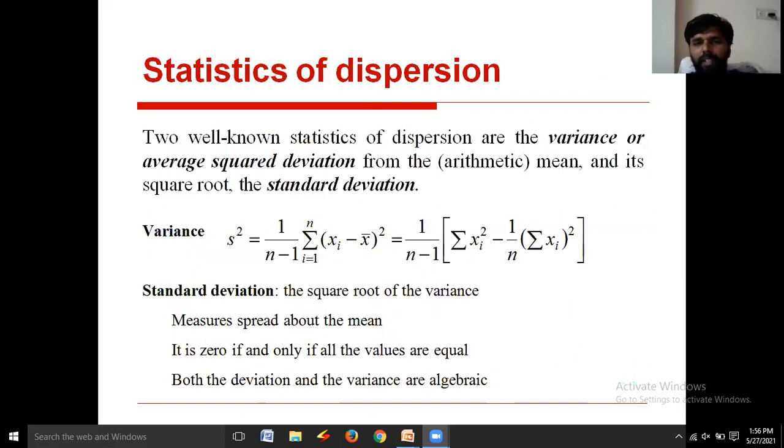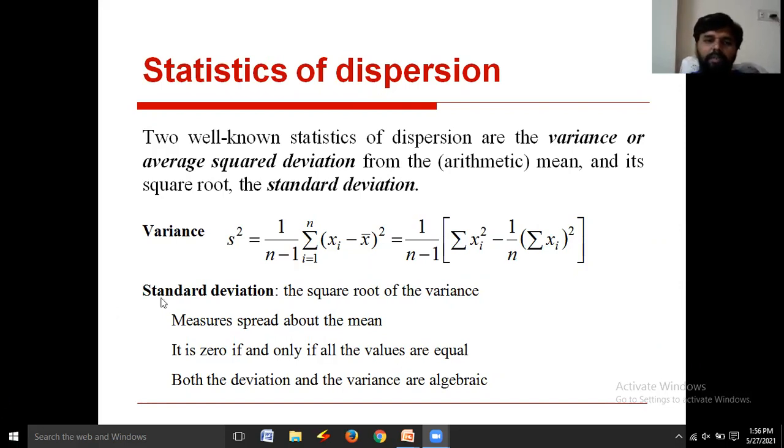And the current topic is statistics of dispersion. Here, we are using 2 well-known statistical dispersions. The first one is variance and the second one is standard deviation. Variance is also called average squared deviation, right?